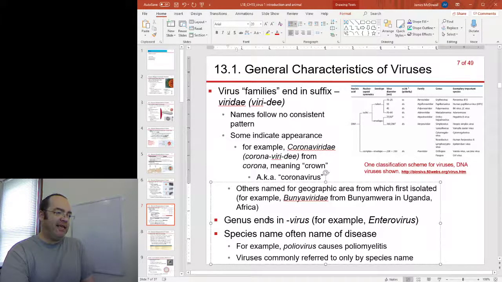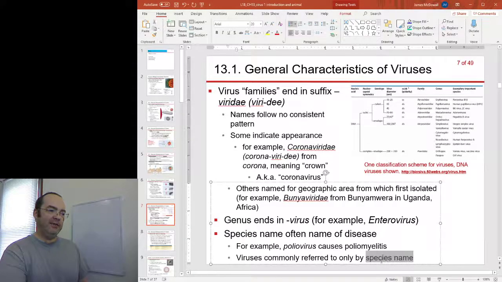Many of our genus names end in virus, such as enterovirus. Entero means within, or it means within the intestines. So an enterovirus is an intestinal virus, for example. Many of the species names are named for the disease. So the poliovirus causes poliomyelitis.